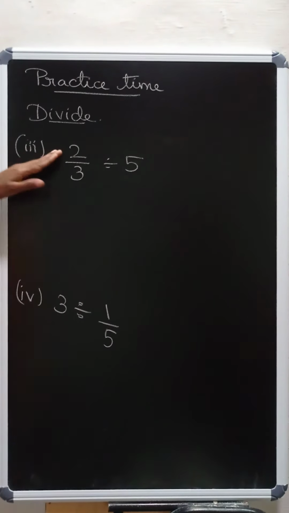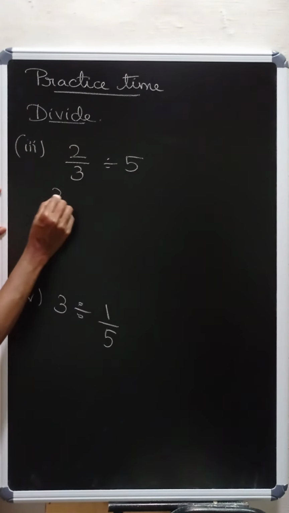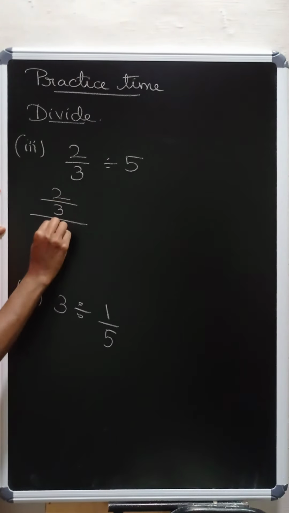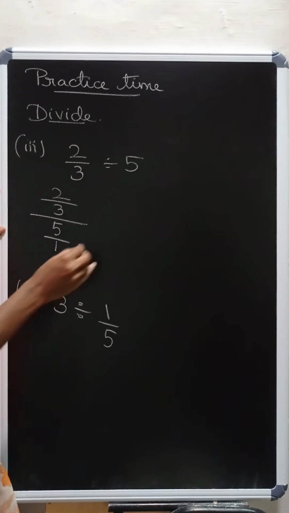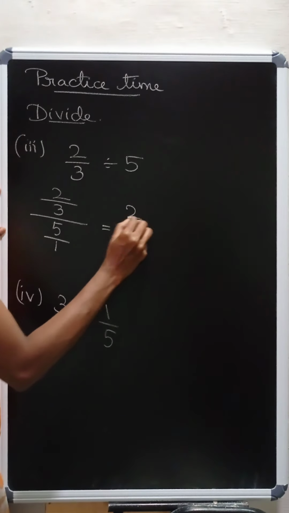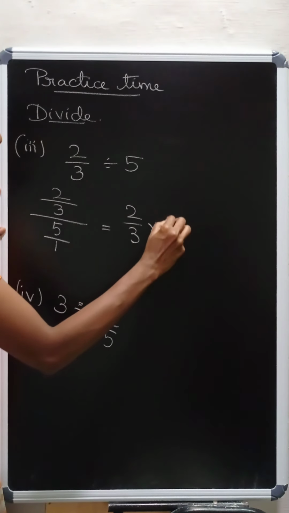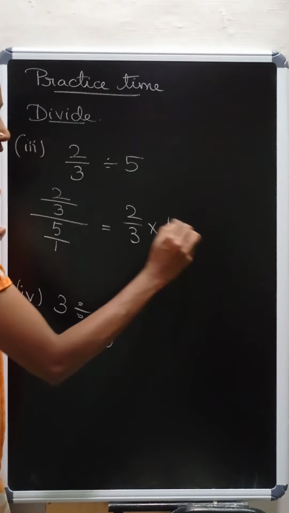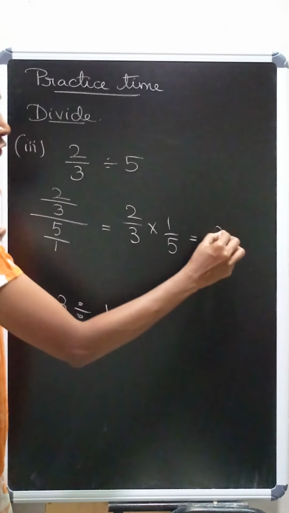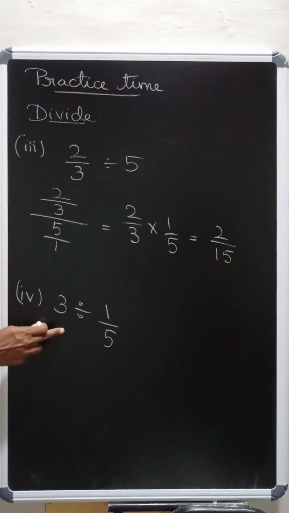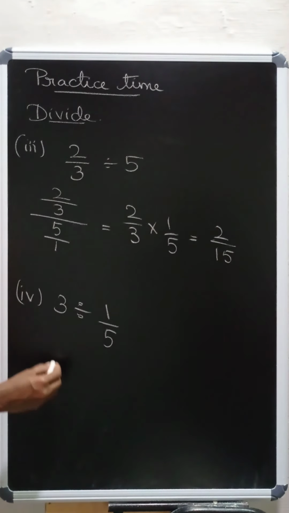Third sum, 2 by 3 divided by 5. So 2 by 3 divided by 5. Here you don't have a denominator, so it is divided by 1. Now you take the reciprocal. 2 by 3 into 1 by 5. Now 2 1s are 2. 3 5s are 15. 2 by 15 is the answer. Here you have 3 divided by 1 by 5.